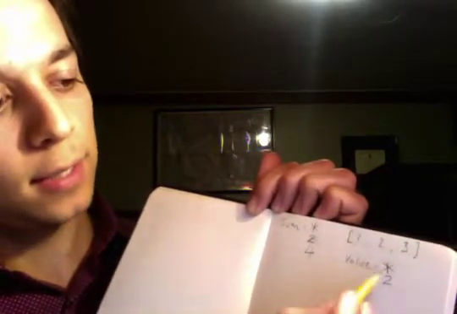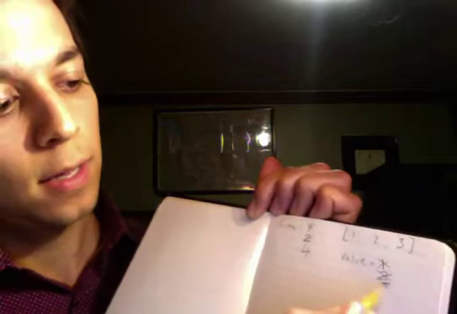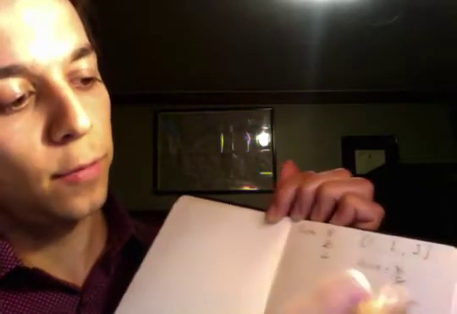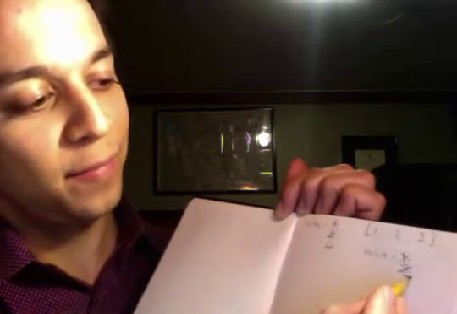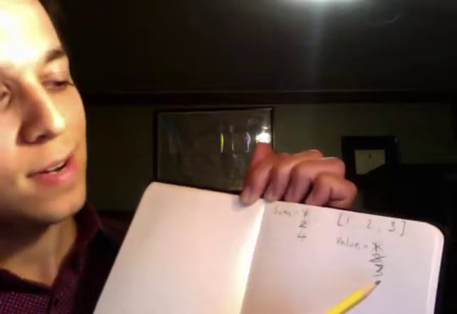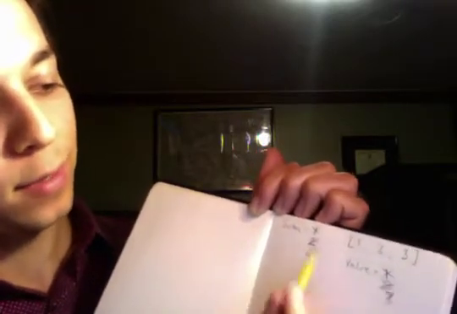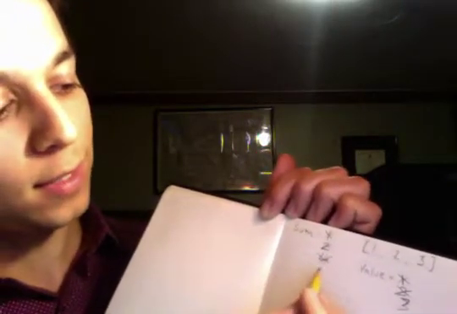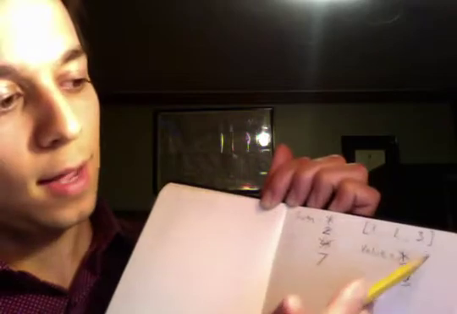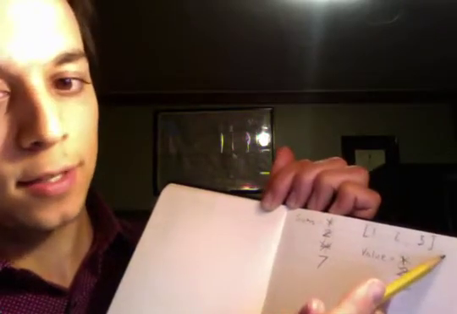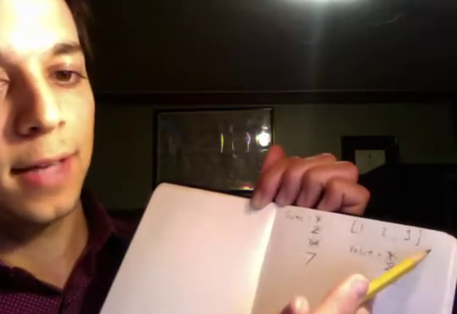Last item in the list, 3. Forgive my handwriting. And we're going to set this to sum plus value. That's 3 plus 4. That's 7. And now there's no more items in the list, so we're going to exit the loop.